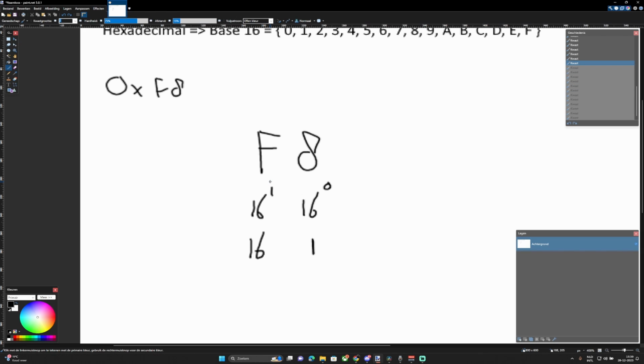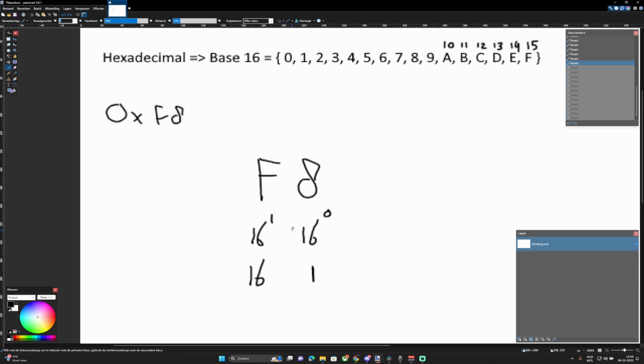It's just f8. So if 16 to the power of 0 is 1 and 16 to the power of 1 is 16, what now? Well, now we're going to take a look at this number here, 8, and we're going to this list here. We're going to see, okay, number 8 in the base 16 system is just the number 8 as we know it in the decimal system.